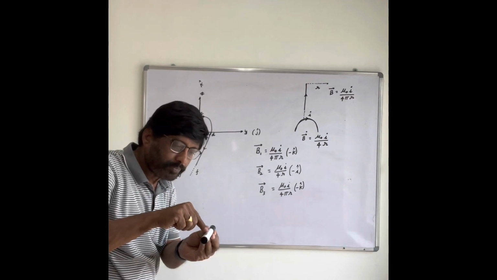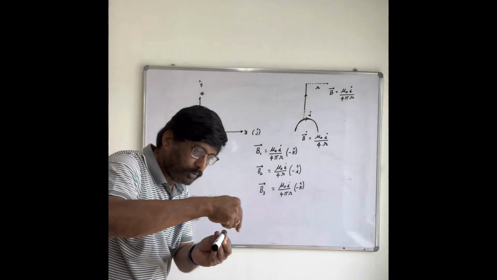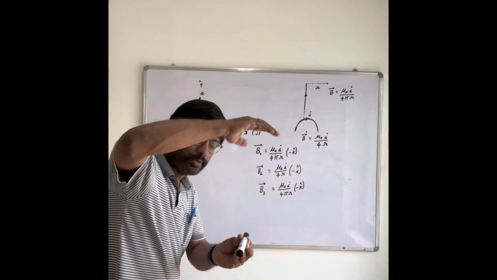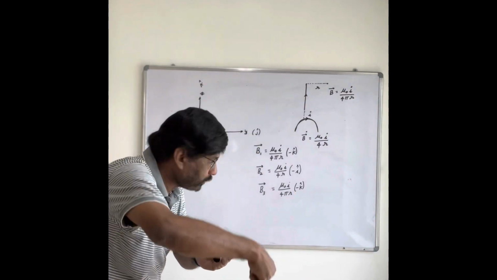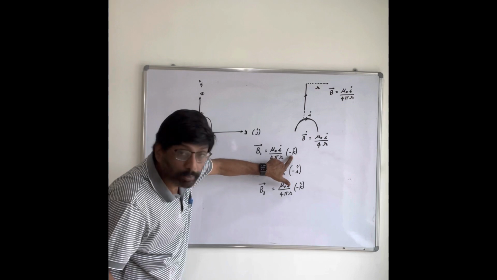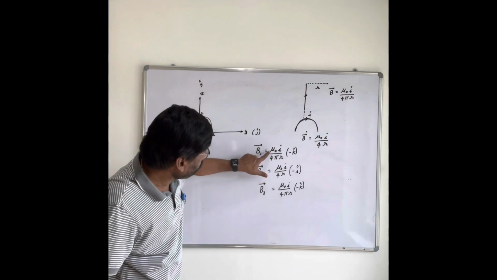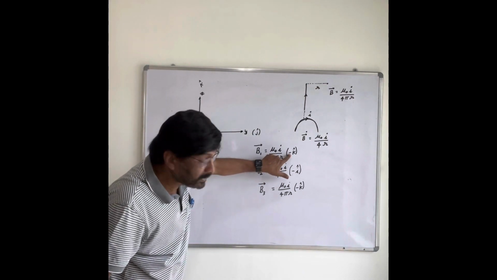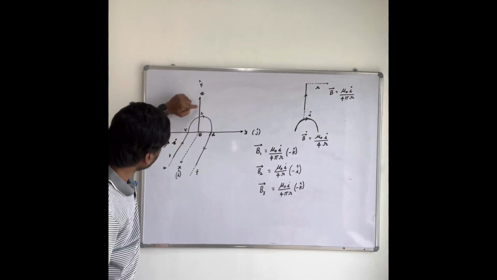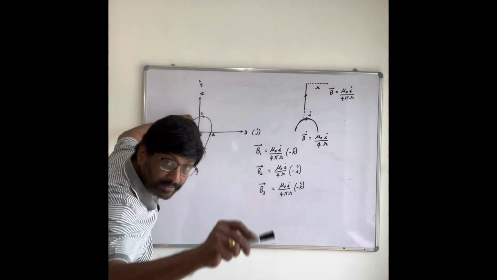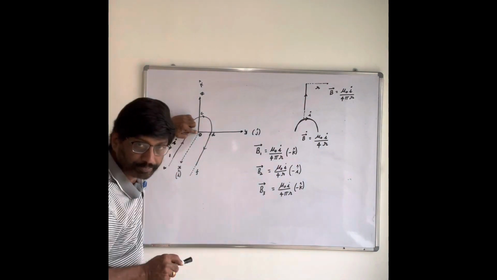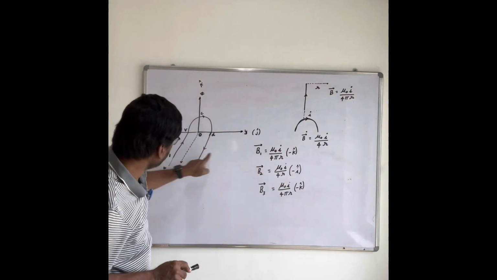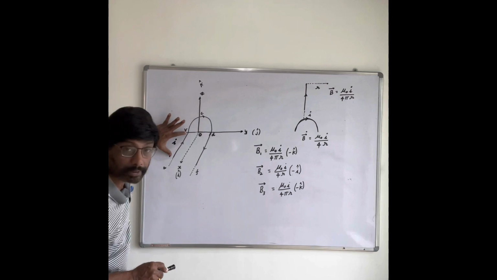See, this is X, this is Y, this is Z. So the magnetic field is directed downwards, which I represent by minus k cap. B1 is mu naught I by 4 pi r times minus k cap. That is the direction of the magnetic field, opposite to the plus Z axis. So this B1 is the magnetic field due to AB.